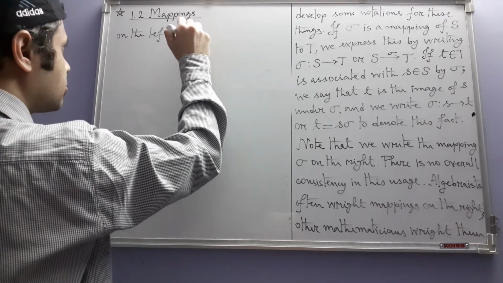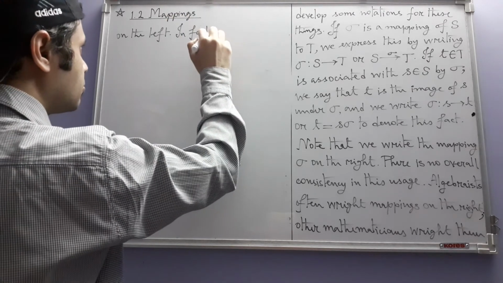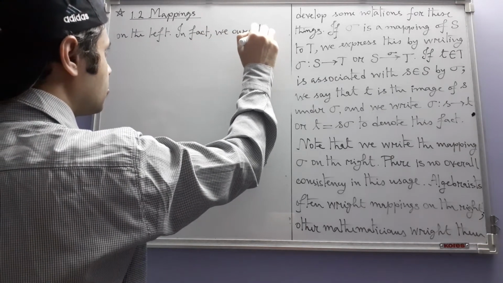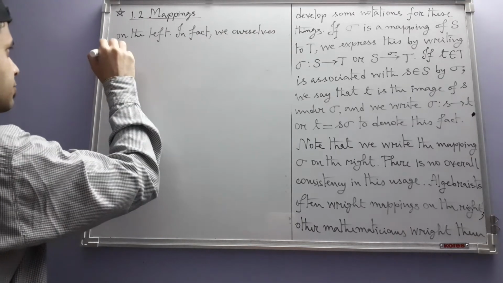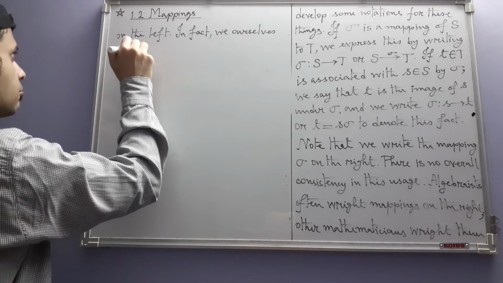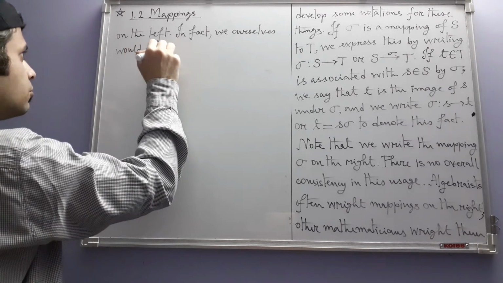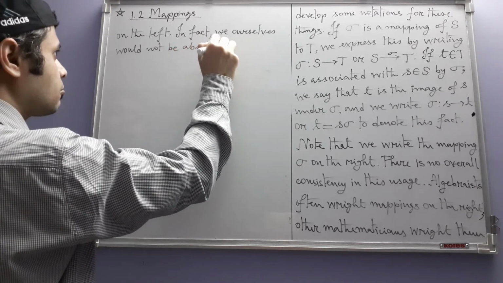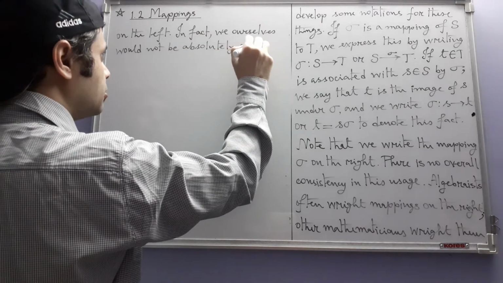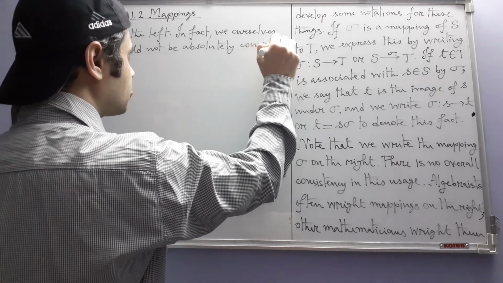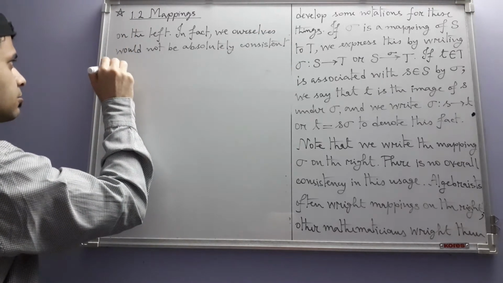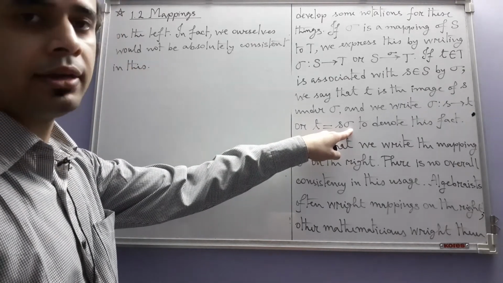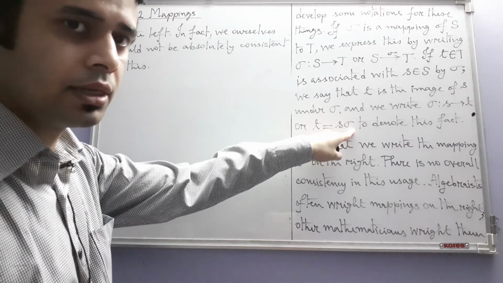In fact, we ourselves would not be absolutely consistent in this. That means sometimes we will write the mappings on the right, sometimes we will write them on the left.